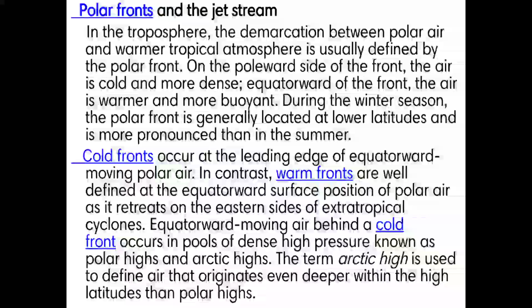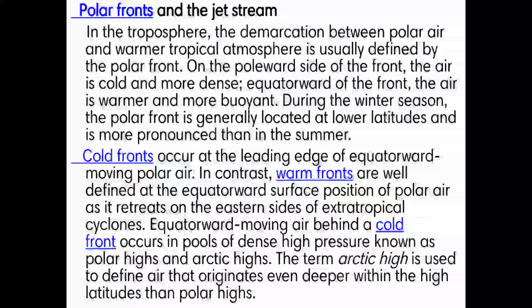In the troposphere, the demarcation between polar air and the warmer tropical atmosphere is usually defined by the polar front. On the poleward side of the front, the air is cold and more dense. Equatorward of the front, the air is warmer and more buoyant. During the winter season, the polar front is generally located at lower latitude and is more pronounced than in the summer.